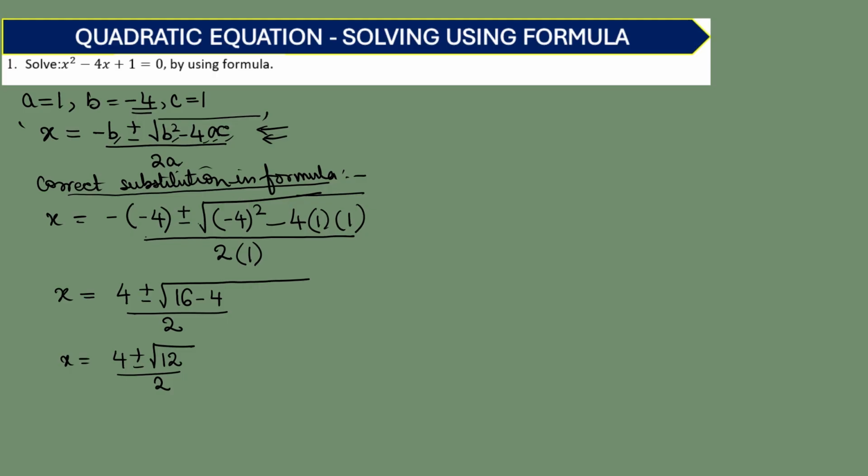Under root of 12, you can directly find the value using your logbook, or you can write 12 as 4 into 3, so root 4 into root 3, but that is a tougher method. If you have numbers up to 99 under root, you can find the values directly in your logbook in the square root section.